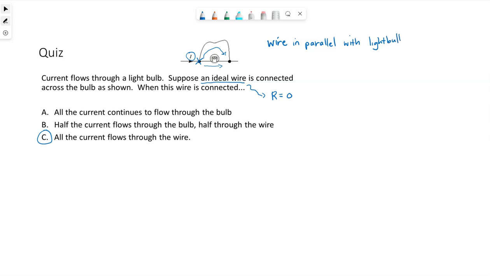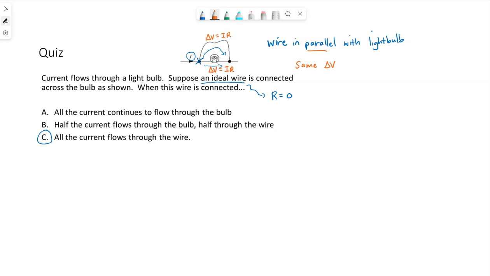If you think about what two resistors, if they were both resistors, needed to have in common, in parallel, they must have the same delta V, same potential difference. For the light bulb, that delta V would be however much current is flowing through it times its resistance. For the wire, we would also use I times R.